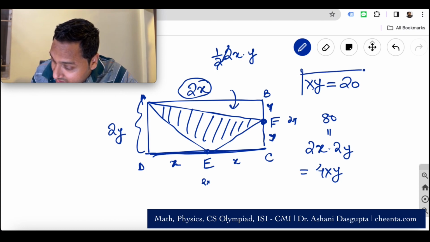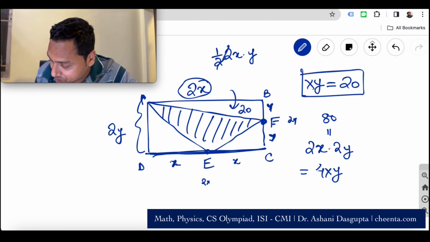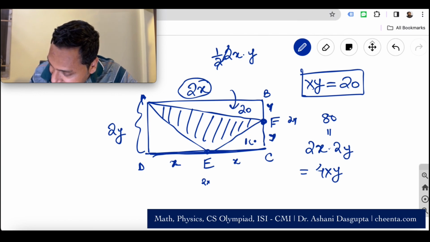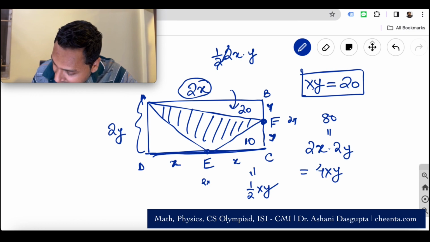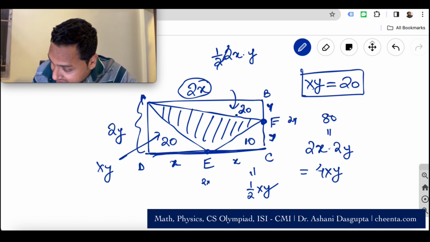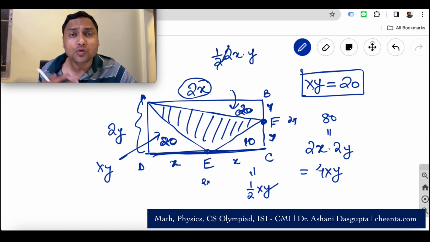But we know xy is 20, so this is 20. Similarly, this is 10, which is half of xy. And this is also xy, so that's 20. So we have 20, 10, 20, total 50.